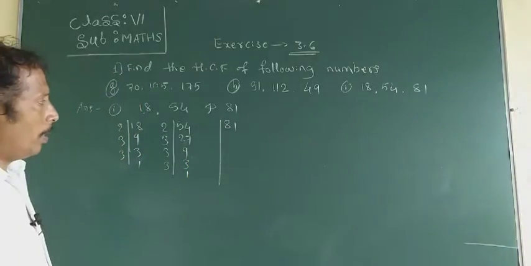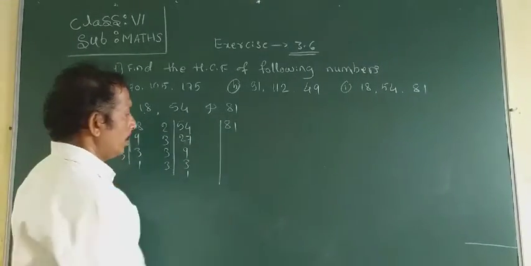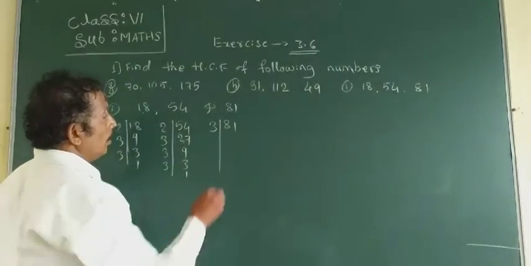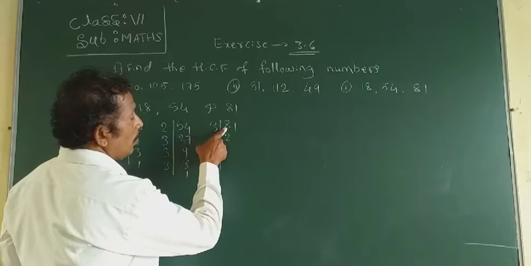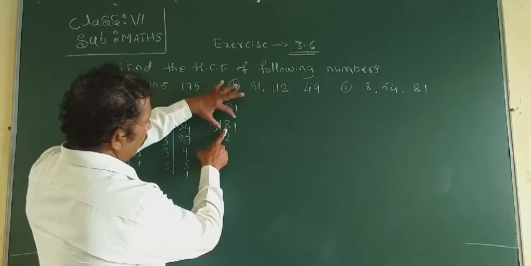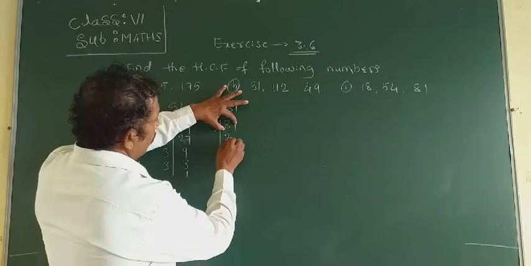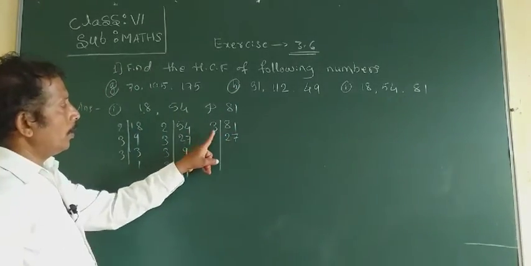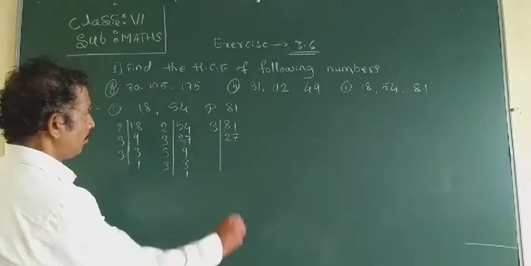Divide 81 by prime number 3. 3 27s are 81.